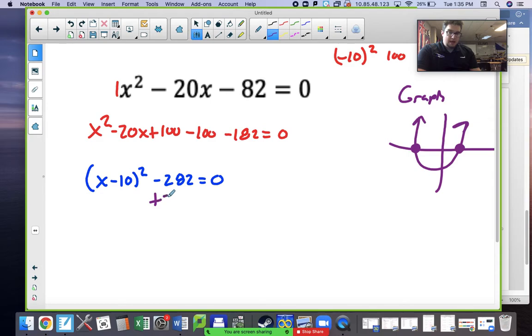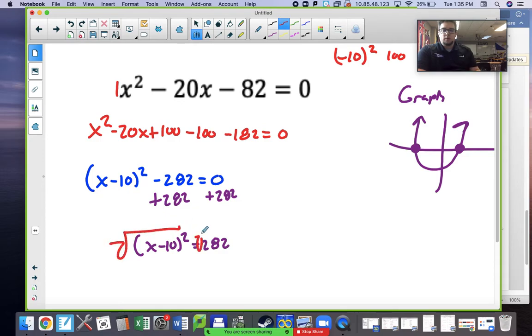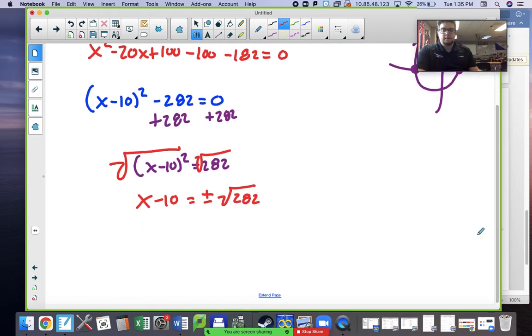So I'm going to add 282 to both sides. x minus 10 quantity squared equals 282. Square root: x minus 10 equals positive or negative square root of 282. And then we add 10. So the answer starts off as 10 plus or minus the square root of 282.